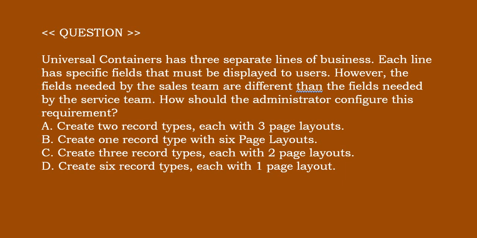Option B, create one record type with 6 page layouts. Option C, create 3 record types, each with 2 page layouts. Option D, create 6 record types, each with 1 page layout. Correct answer is option C.